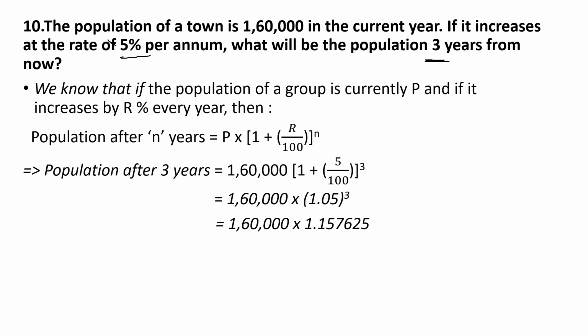Multiply with the 1,60,000. So 1,60,000 into 1.157625 is equal to 1,85,220. Therefore, the population after 3 years of the town is 1,85,220.